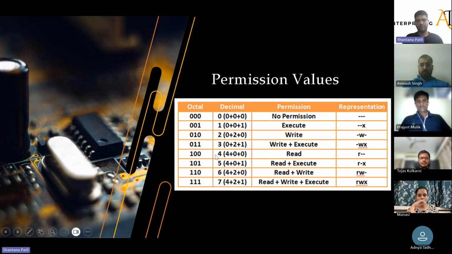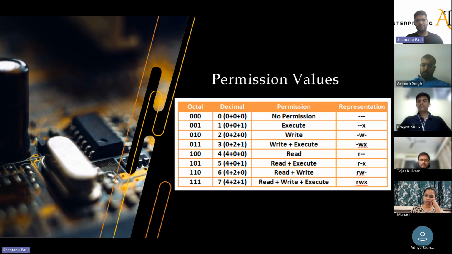Then for read, we have 4. So if I want to give read plus execute, then I can represent it with the number 5. If I want read plus write, then I can represent it with the number 6. And at last, if I want to give all three permissions, read, write, execute, then it is given by the number 7.